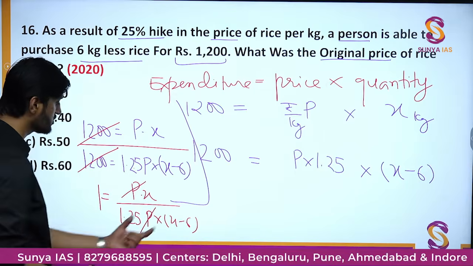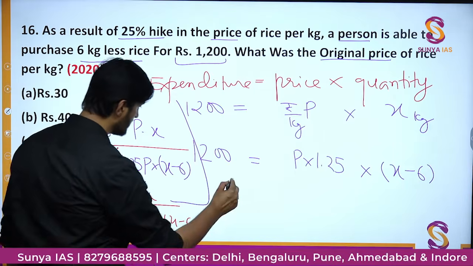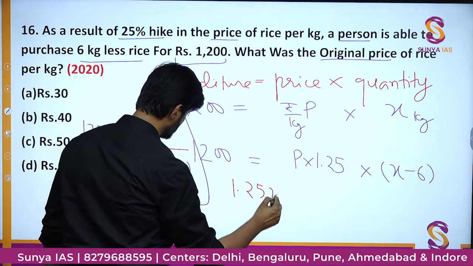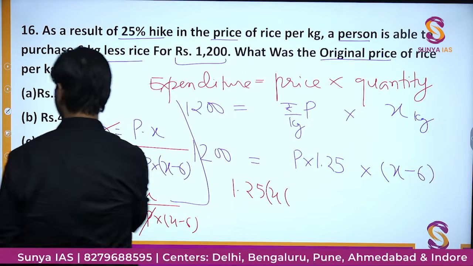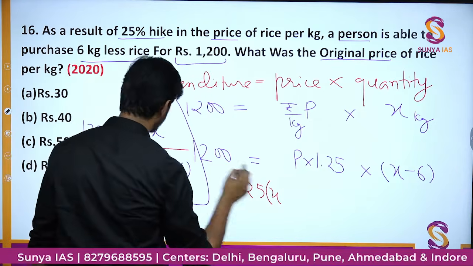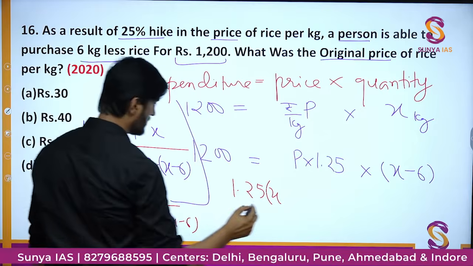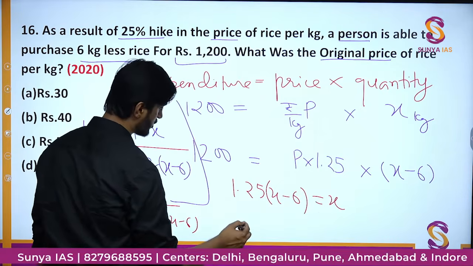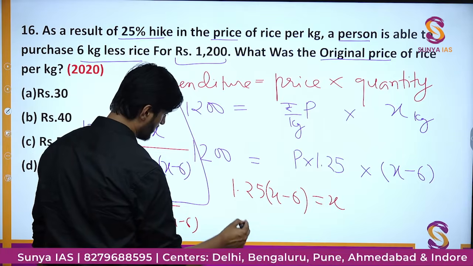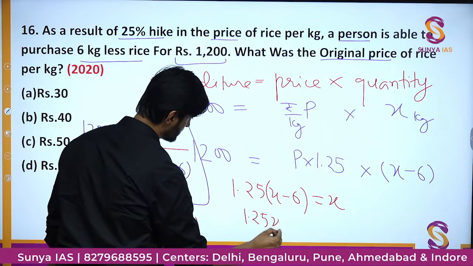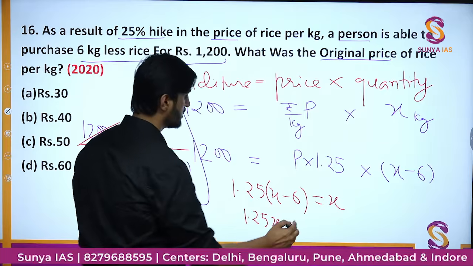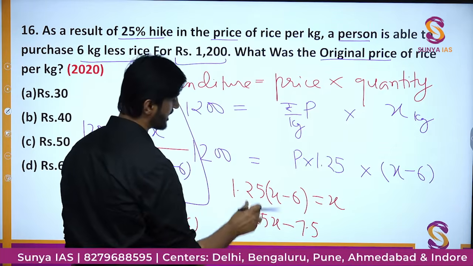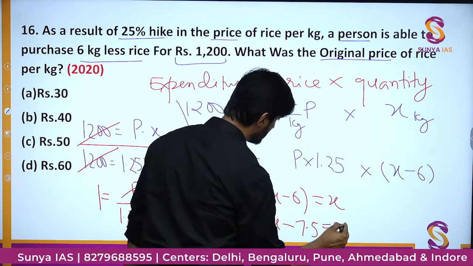Cancel P also, cross multiply, and you will get 1.25 times (X minus 6) is equal to X. On multiplication you will get 1.25X minus 7.5, since 6 multiplied by 1.25 is 7.5, is equal to X.